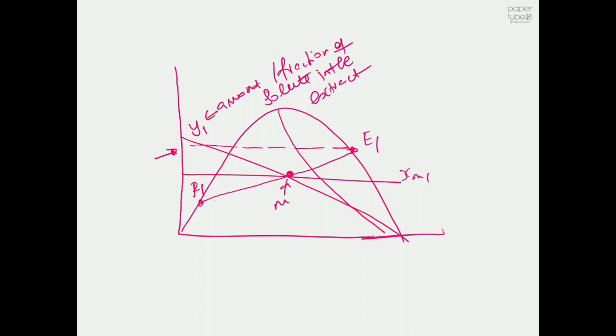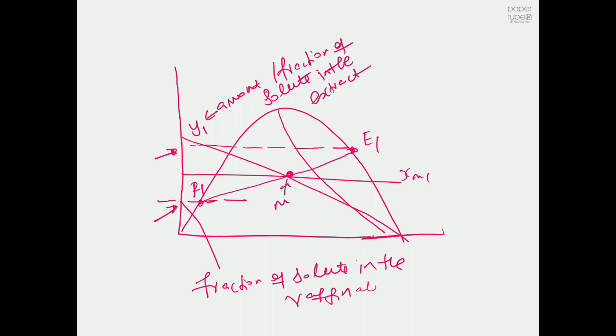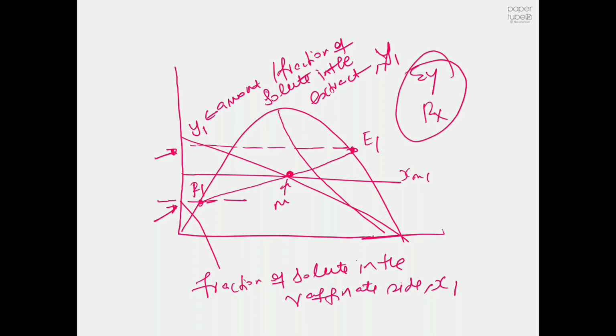And then you draw a line from here on the raffinate side. That point should give the fraction of solute on the raffinate side. This is nothing but x1, and this is nothing but y1. So always remember E is y and R is x. So what will be the correct value?